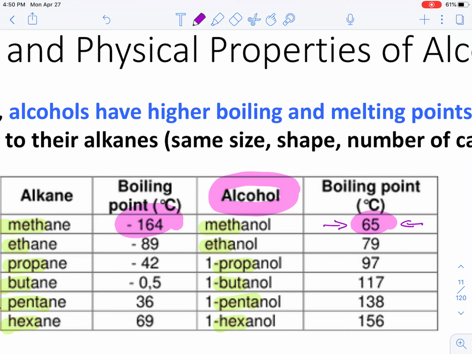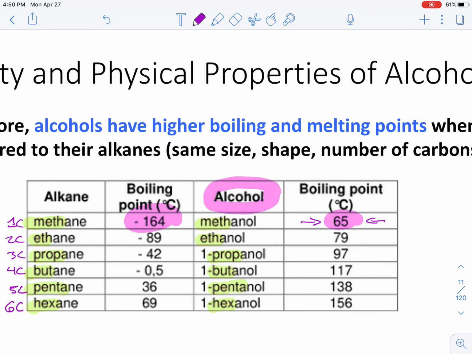I'm not too sure if I'm conveying that argument correctly, but it's just amazing. You just add an OH to a molecule, and then boom, your boiling point is far, far greater than its original structure, right?